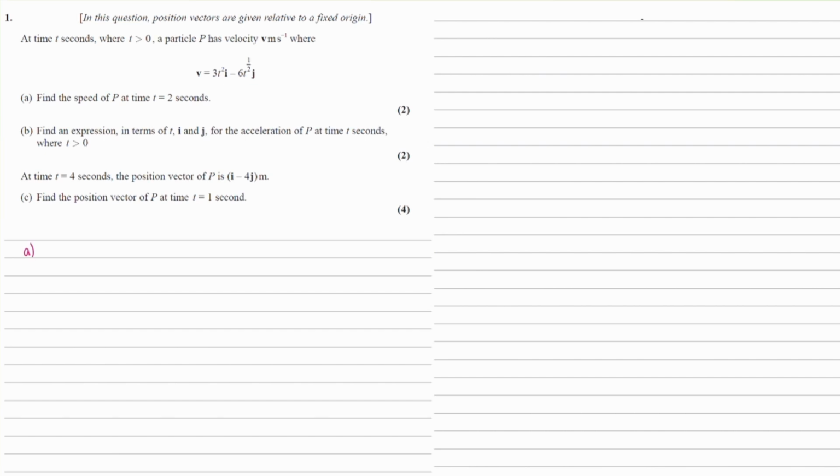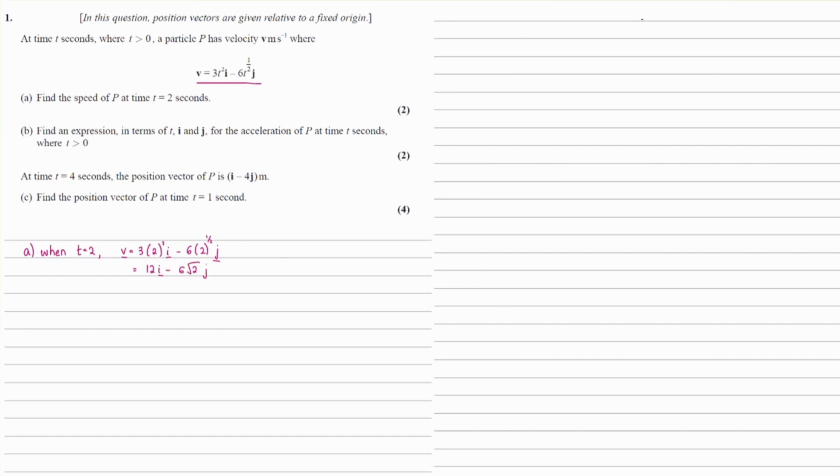So the first thing we can do is find the value of v when t is equal to 2. We can substitute t as 2 in this given equation. So 2 squared is 4, 3 times 4 gives us 12i minus 6 root 2 j.